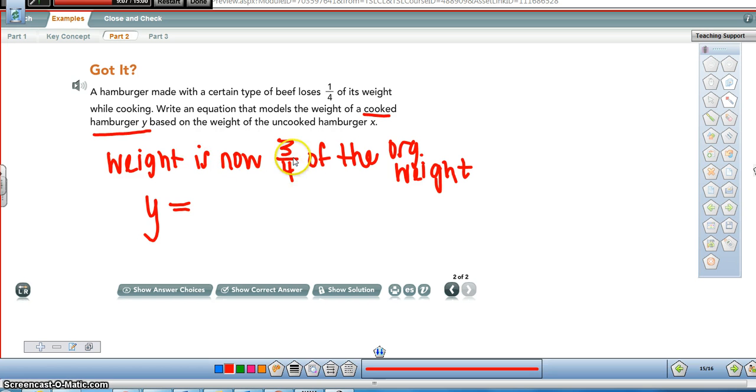Is 3/4 of indicates we're multiplying the original weight before it was cooked. That's x. So our equation is y equals 3/4 x. 3/4 is our constant multiple, or our constant of proportionality.